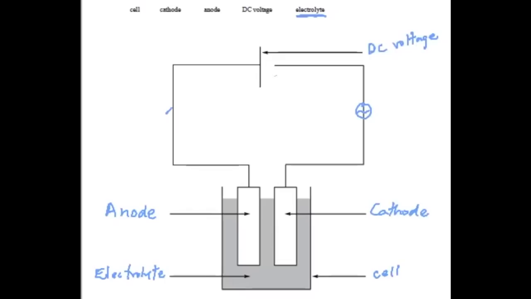So our strong acids and strong alkalis form strong electrolytes, which have many ions present that will carry a current if a voltage is applied. Weak acids and weak alkalis would make weak electrolytes as well.